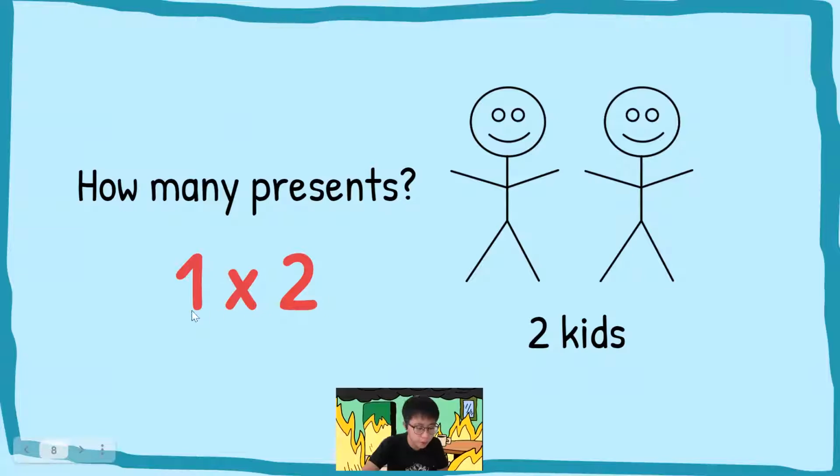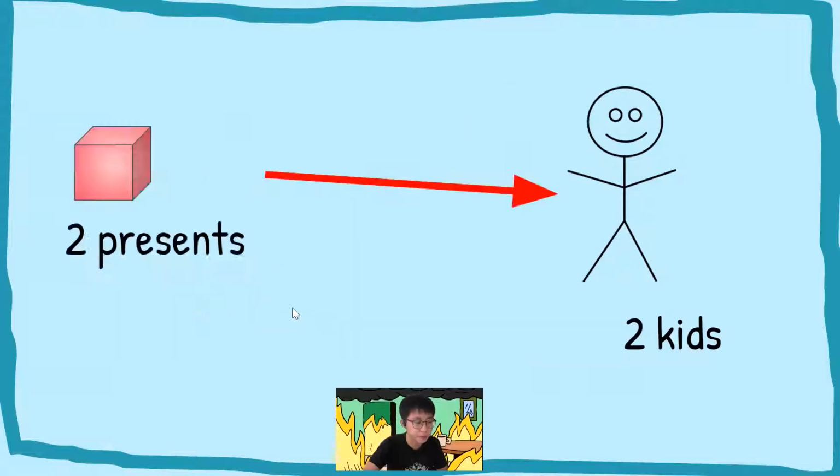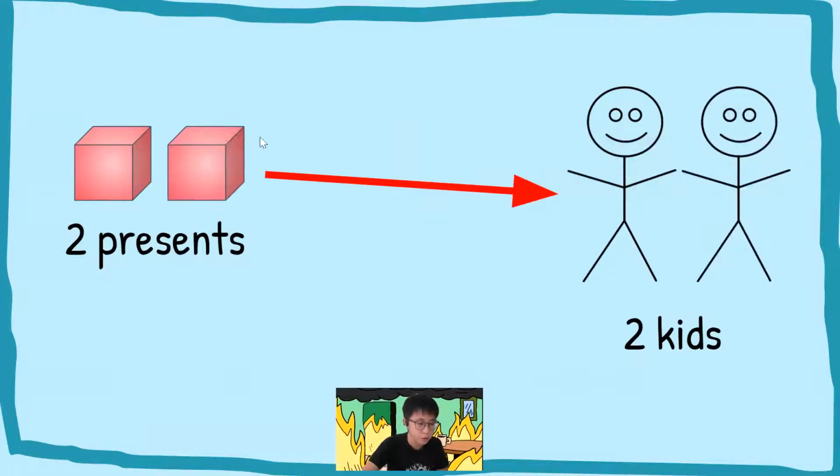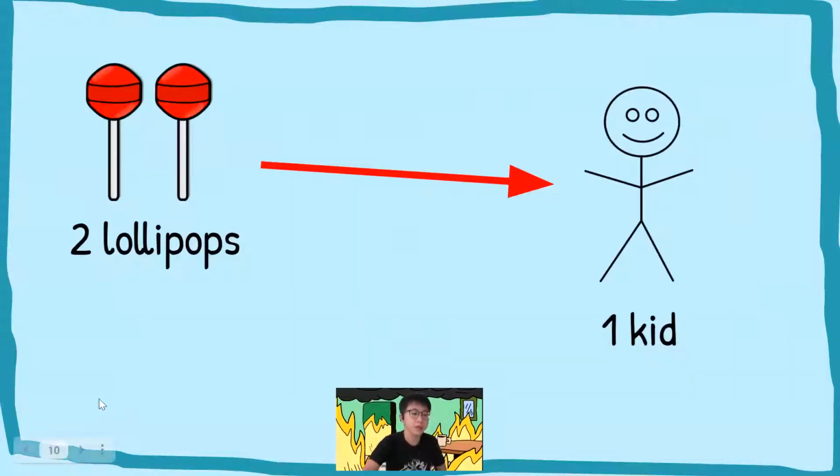The number of presents received by 1 kid multiplied by the number of kids. So as we see here, 1 kid, 1 present, 2 kids, 2 presents.